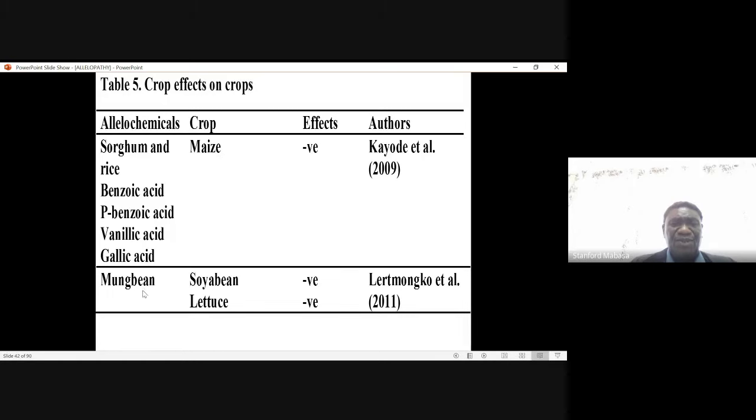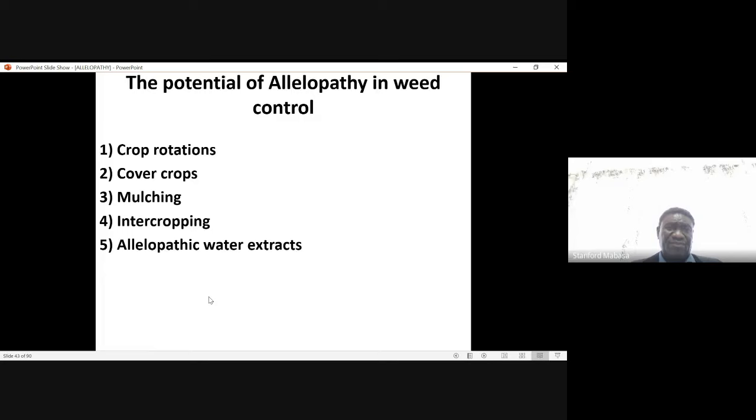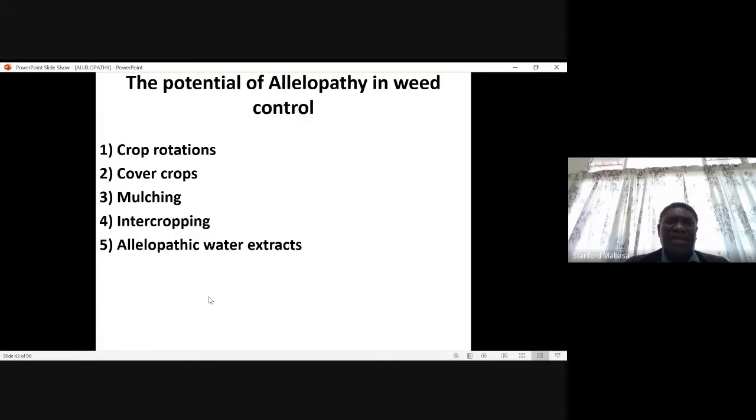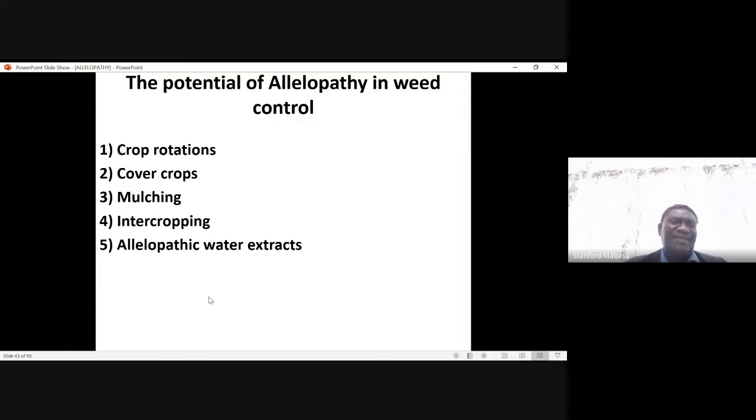Mung bean, if you rotate it with soybean and lettuce, it can also have an impact on these two crops through allelopathy. So we now know that some crops or some weeds can produce allelochemicals. Can we use allelopathy as a weed control strategy?